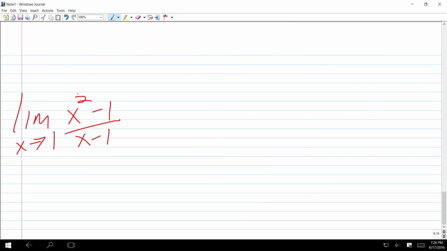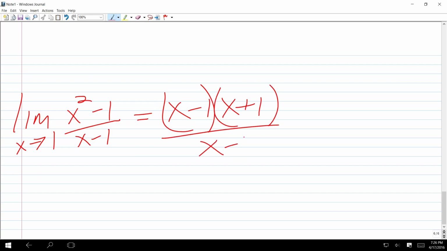But if we algebraically play around with this, it becomes x minus 1 times x plus 1 by factoring the numerator. Now, that x minus 1 cancels, and as x goes to 1, this whole thing goes to 2. So what started out as 0 over 0 ends up as just x plus 1.